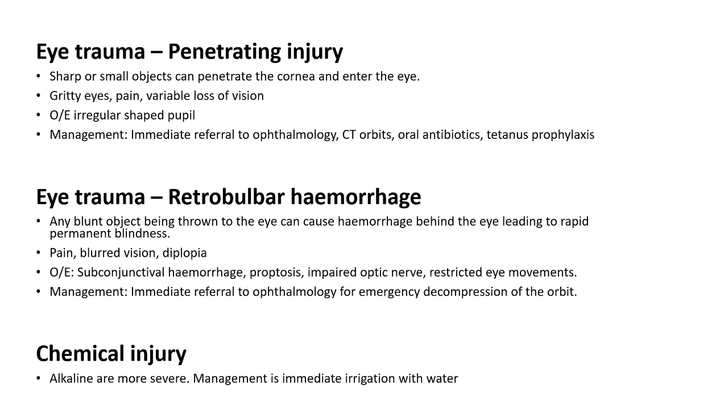Moving on, penetrating injury to the eye can occur with sharp or tiny objects. The patient will present with gritty eyes, pain, and variable loss of vision. On examination, there will be an irregularly shaped pupil.